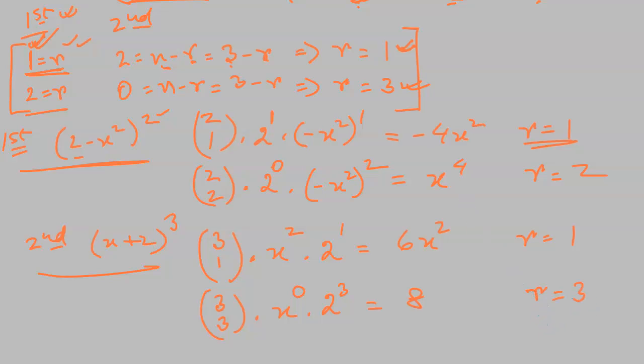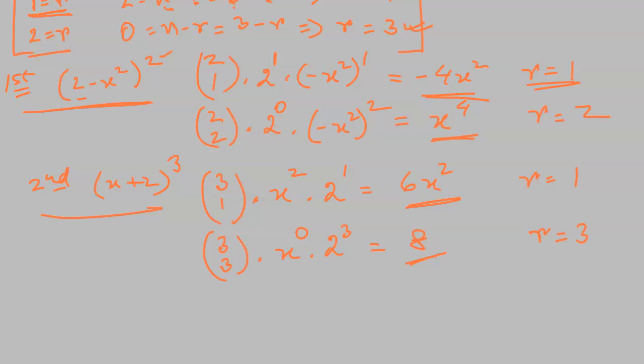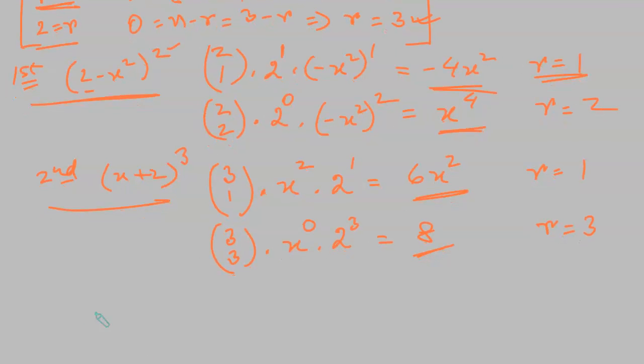Now that we have got the 4 terms, we know which one to multiply with which one. Negative 4x square should get multiplied with 6x square, and x to the power of 4 should get multiplied with 8. So let us do that. Minus 4x square times 6x square, plus x to the power of 4 times 8.